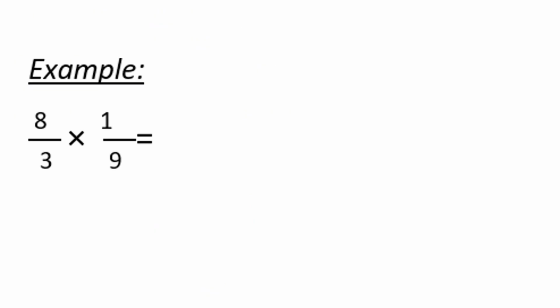Let's take one more example, 8 over 3 times 1 over 9, multiply the numerator by the numerator, so it will be 8 times 1 over 3 times 9, so our final answer will be 8 over 27.